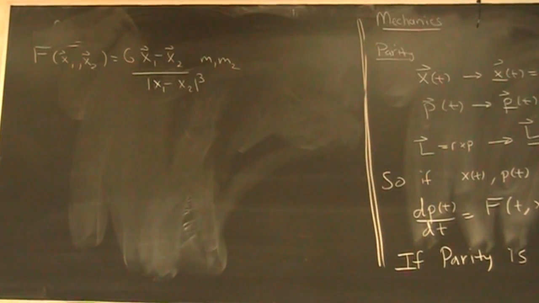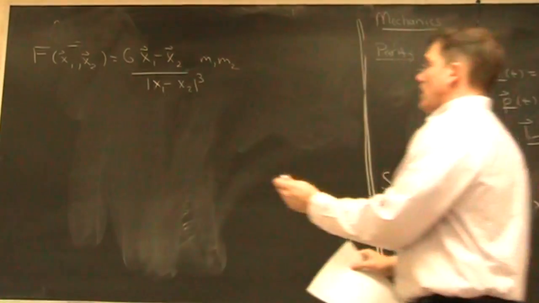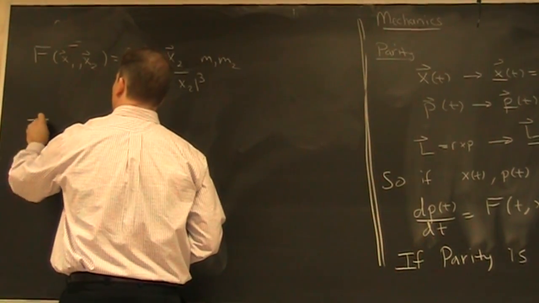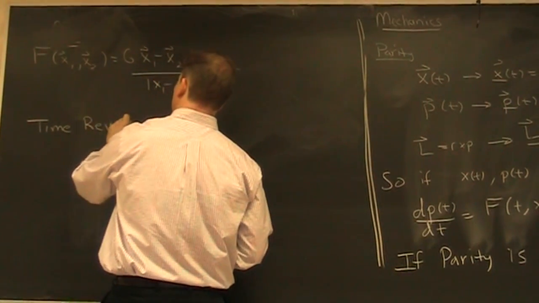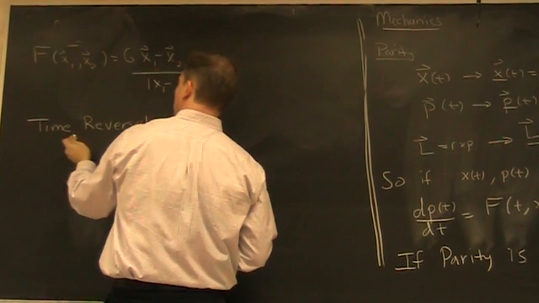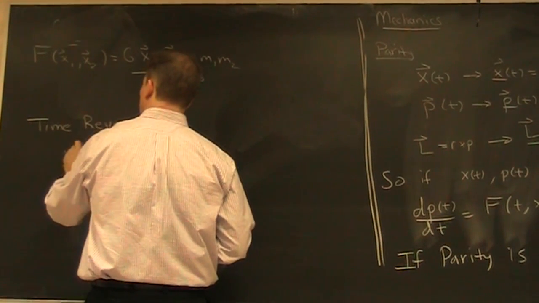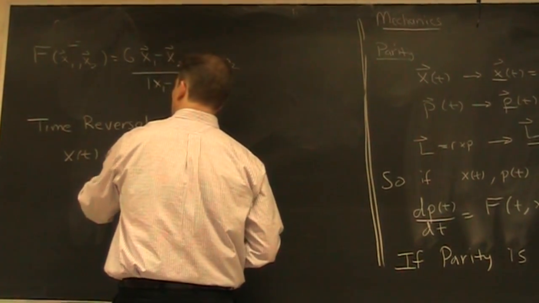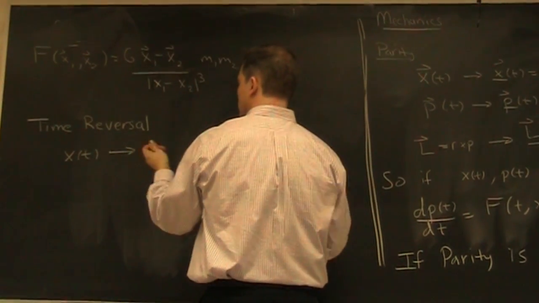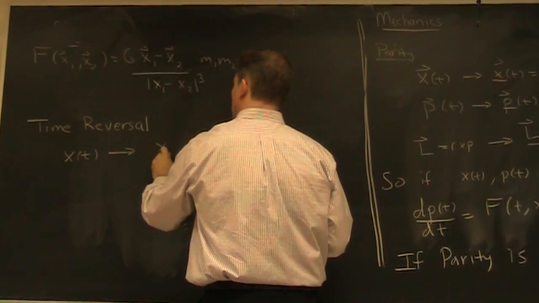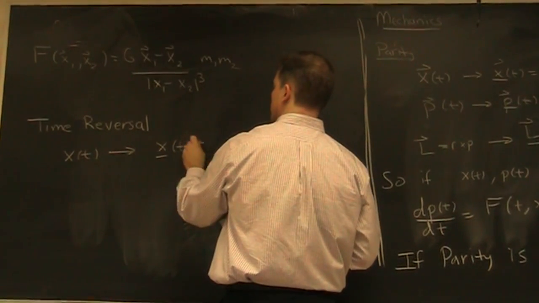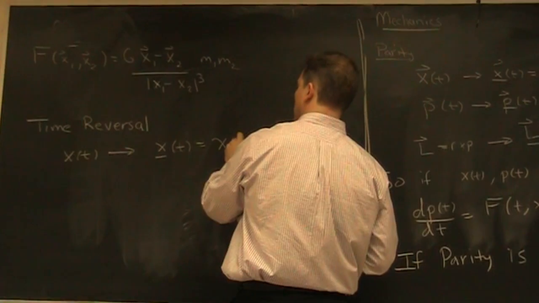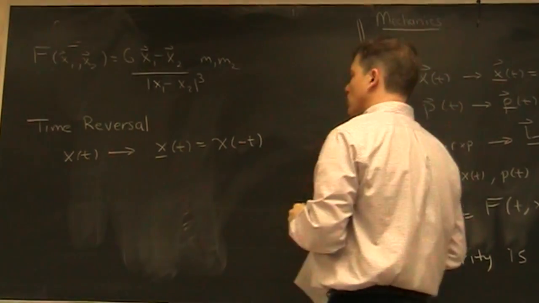Okay, so time reversal. Time reversal is somehow the same logic. If I have some solution x of t and I consider its time-reversed solution, though it's not clear yet that it's a solution, we define some new x bar of t, which is related to the old one by inversion of the time coordinate.